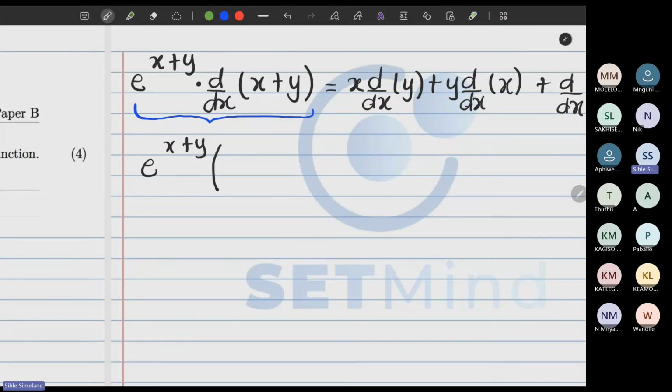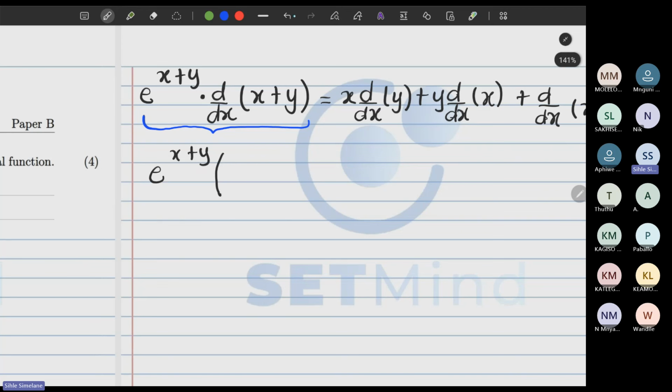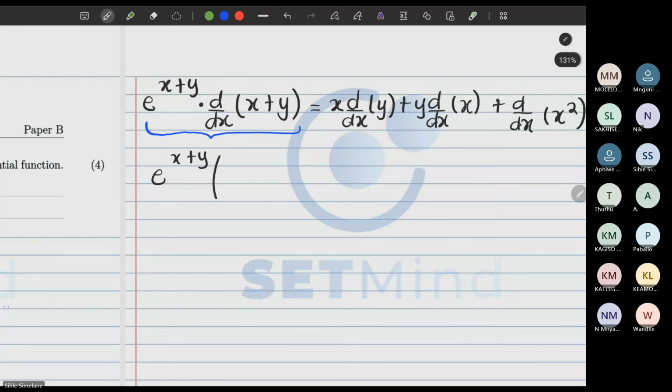When we derive x with respect to x, what do we get? Anyone? We are going to get 1. Yep. And when we derive y, it's going to be y prime, dy dx. You are on point.